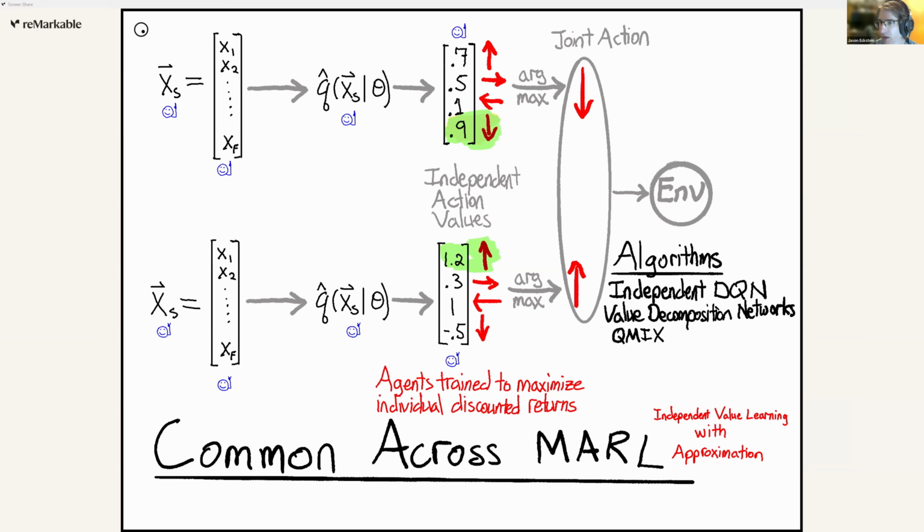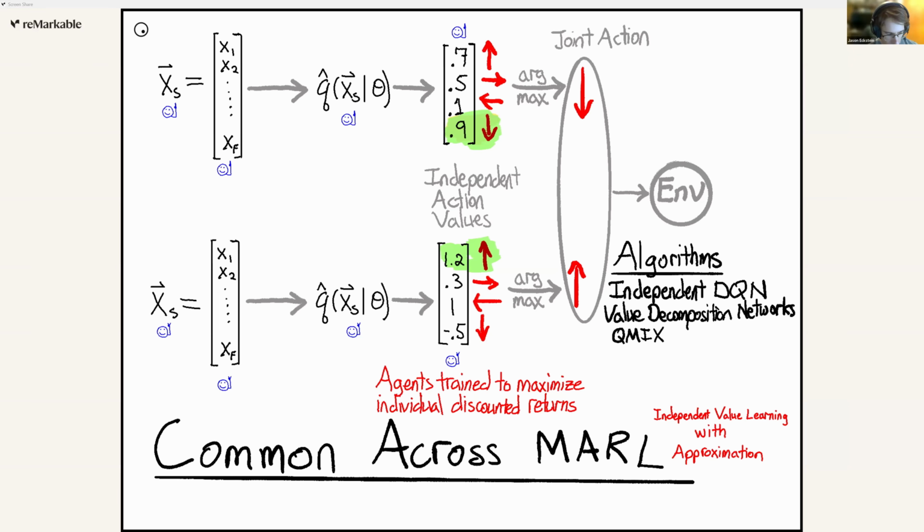And then we also had value decomposition networks, where they are trying to learn better action value functions that have more convergence guarantees, but that occurs during the training process. Once the values have been learned, you end up with the same thing as with IDQN, where each agent just has its own action value function. So here, there are 4 actions for each agent, and independently, each one is just selecting one of those 4 that's being sent as a joint action.